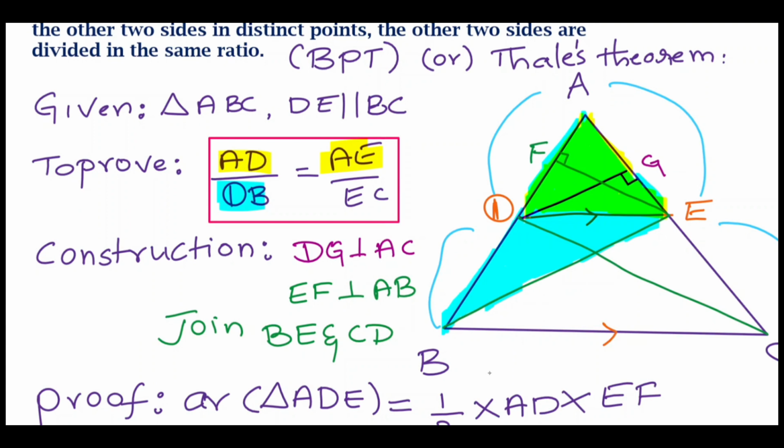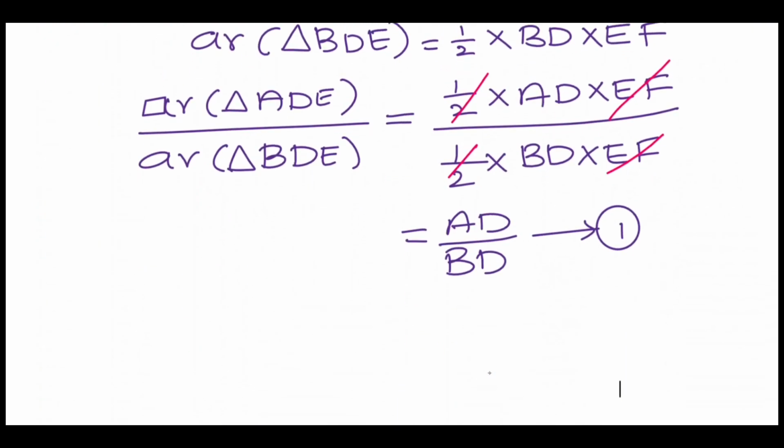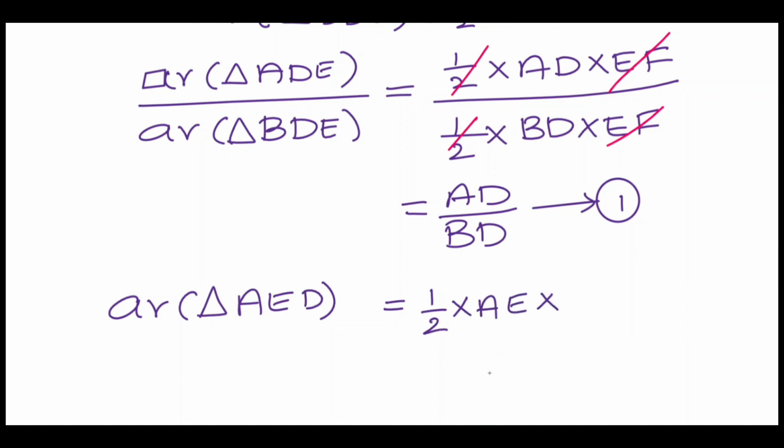AE is the base, so its height will be DG. Now, area of triangle AED is equal to half into base AE into height DG.